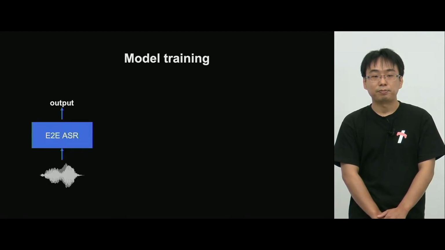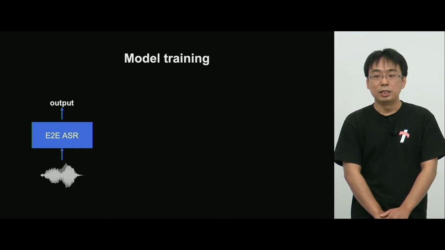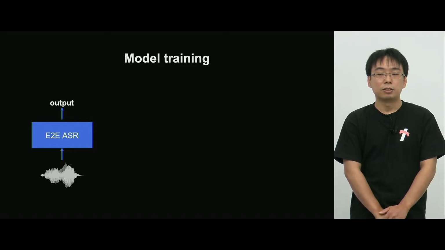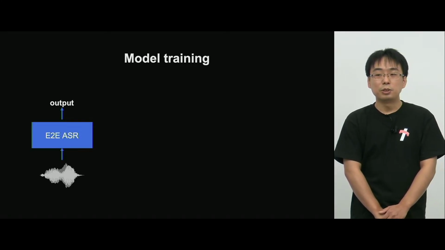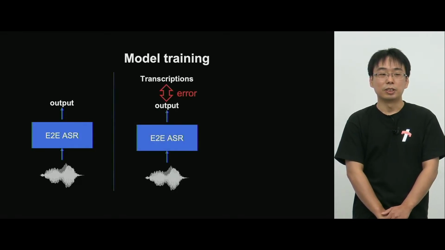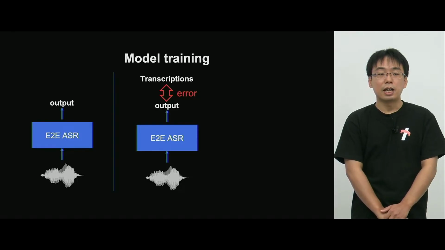First, let me talk about how we addressed unknown words, or out-of-vocabulary words. But first, I would like to briefly talk about ASR model training. Among the learning data, we extract the voice data, and we assume the voice recognition result.